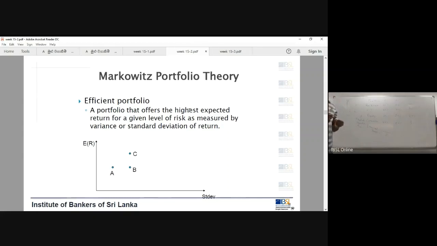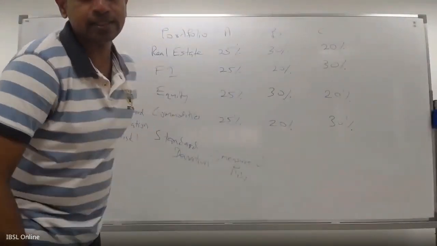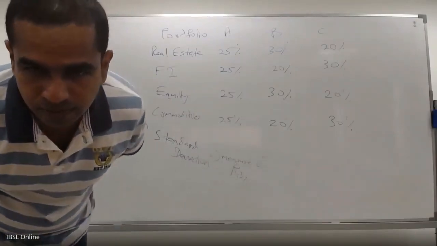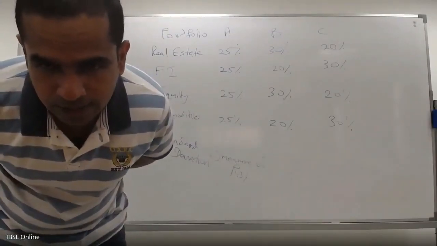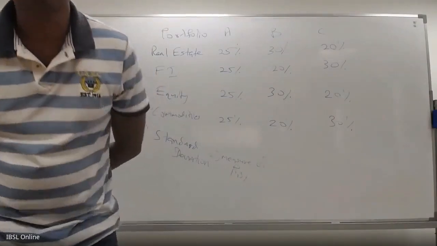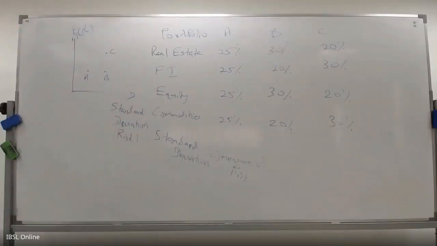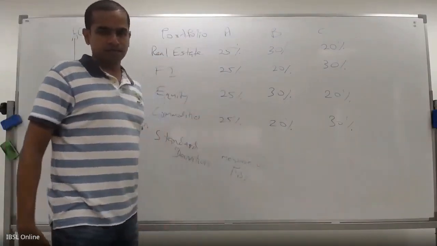Now, how would you put things in perspective and pick which portfolio? Where will you invest? Ezra says, because real estate and equities carry lower risk than fixed income and commodities. Right. But remember, now we are combining. You're combining in various combinations.